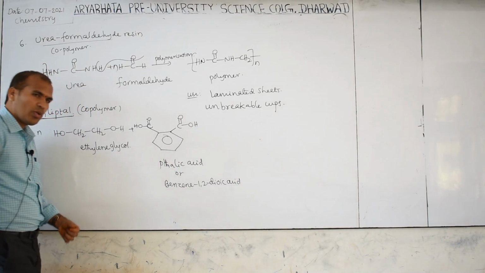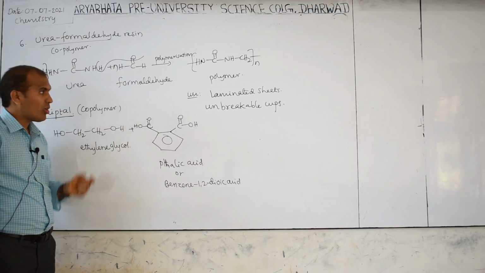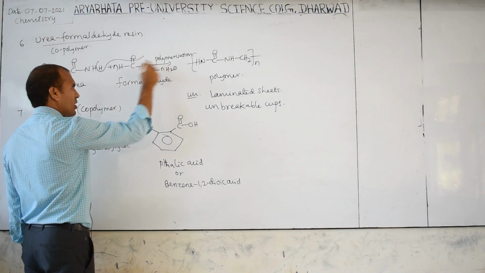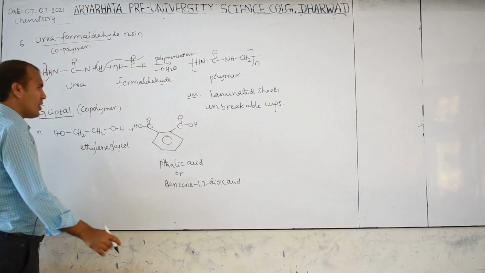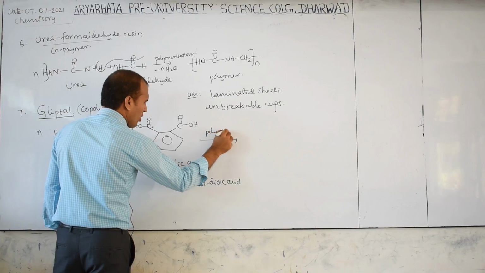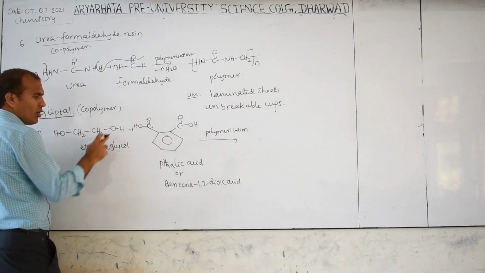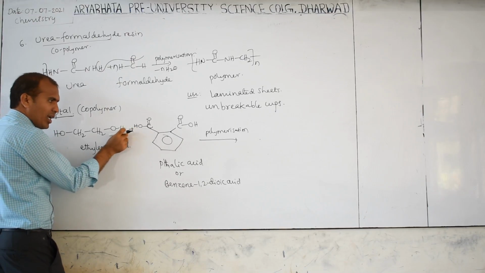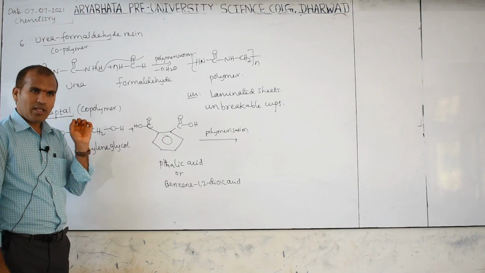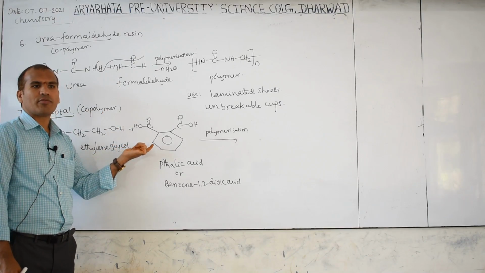So already I told you that here also ester forms, with water molecule loss, minus H2O. Here also you can write minus H2O because water molecule is lost. Now in this polymerization, water molecule is lost, but OH and H, or HOH, I already told you in the previous class. In ester formation, H is lost from alcohol, OH is lost from carboxylic acid.